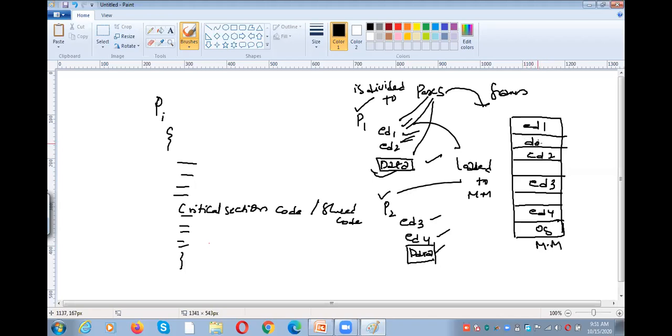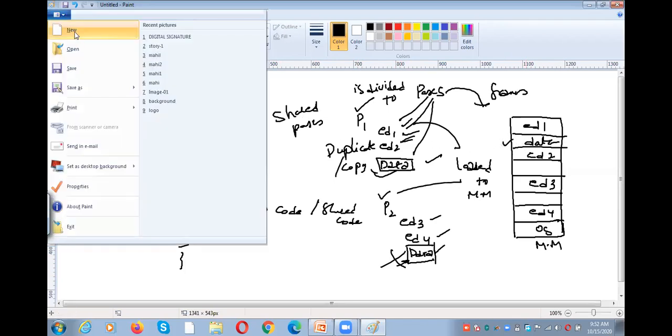For that purpose, we will keep only the data in one frame. No need to keep this data again in the main memory, because these two are the same, duplicate. Whenever there is a copy, those pages are treated as shared pages. Whenever there are shared pages, we keep only one copy in the main memory.